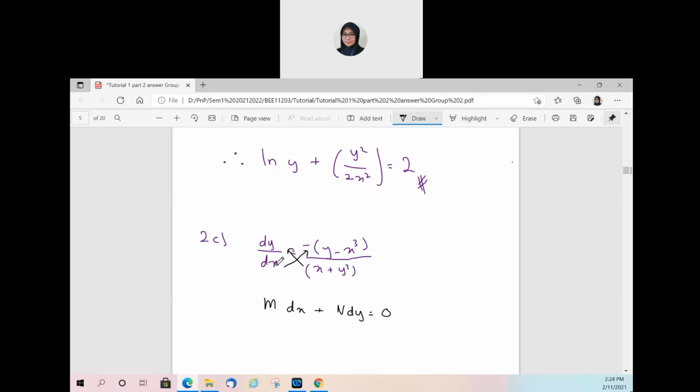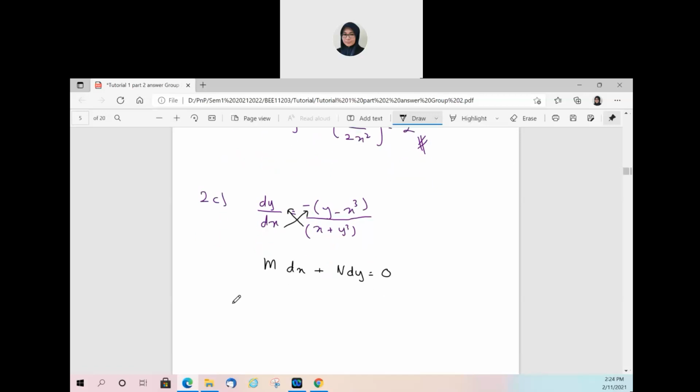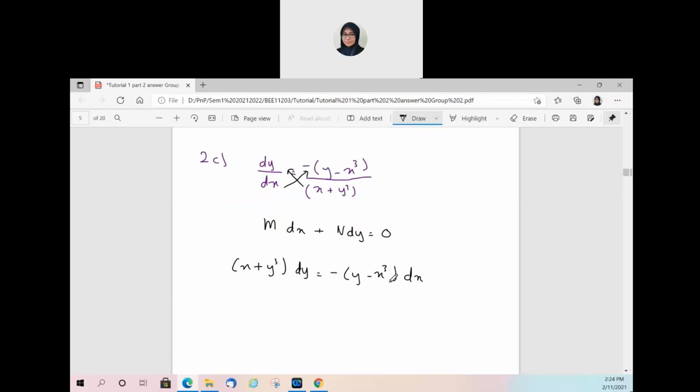First, you cross multiply, then you will get x plus y cubed dy equals to minus y minus x cubed dx. Now, I said earlier you have to arrange in this form, then you bring this dx to this side.